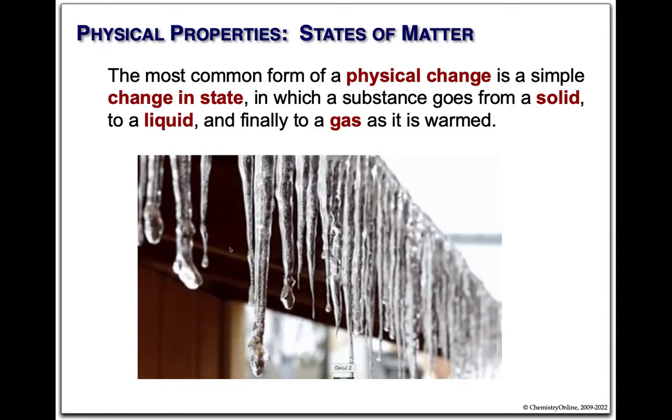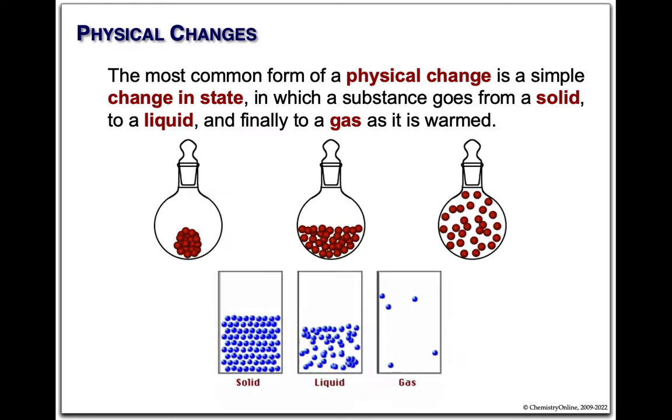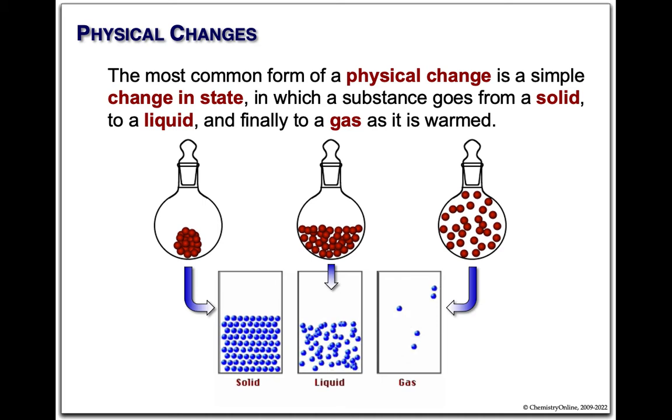We're starting from a solid, go to a liquid, and finally, if we warm that liquid up, we make a gas. We can look at solids, liquids, and gases like this. These little balls here represent the individual particles in the substance. We have a solid.